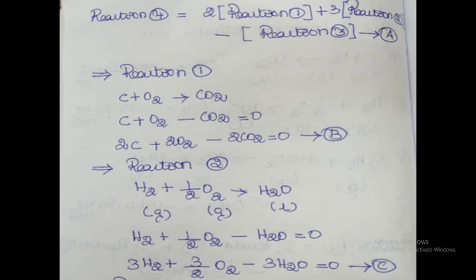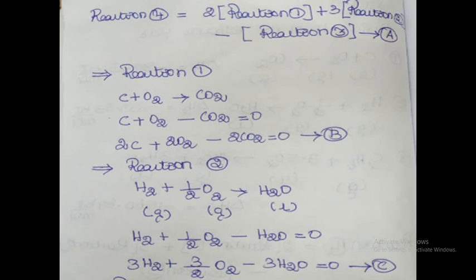Second part, 3 into reaction number 2. Which one is reaction 2? H2 plus half O2 gives H2O. So H2O comes to this side: H2 plus half O2 minus H2O is equal to 0. So this reaction multiplied by 3, finally we get 3H2 plus 3 by 2 O2 minus 3H2O equals 0.